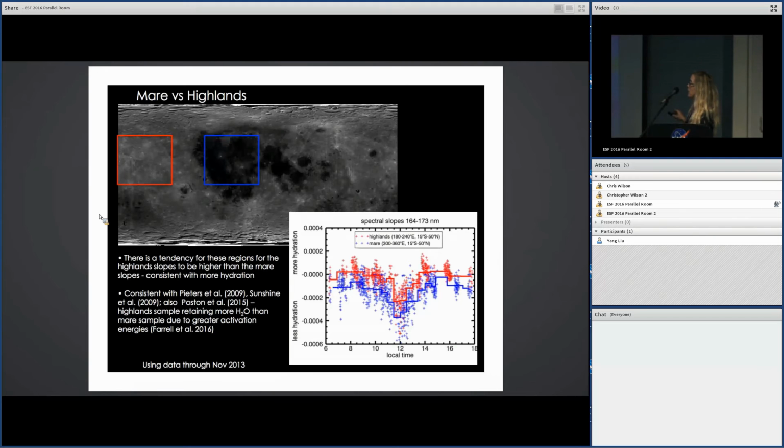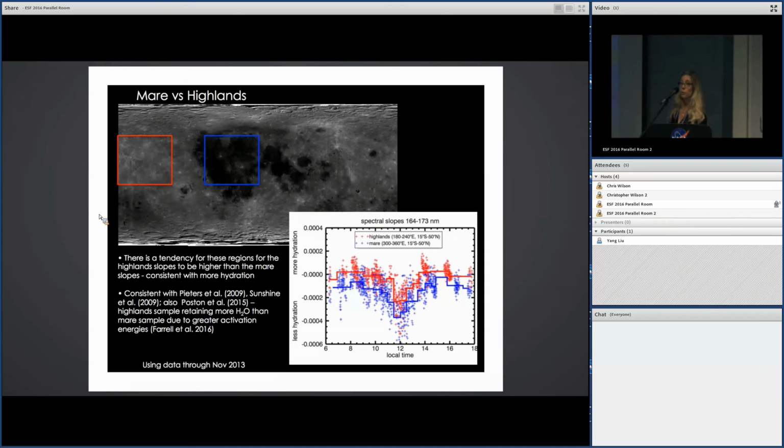And here's an example of that, where we can take a big highlands region here in the red box and compare it to a big mare region and see whether there's differences throughout the day, and we do see differences. The red points here are the highlands region, and the blue points here are the mare region, and we see that characteristic diurnal change where the slopes drop out at midday and then come back up.